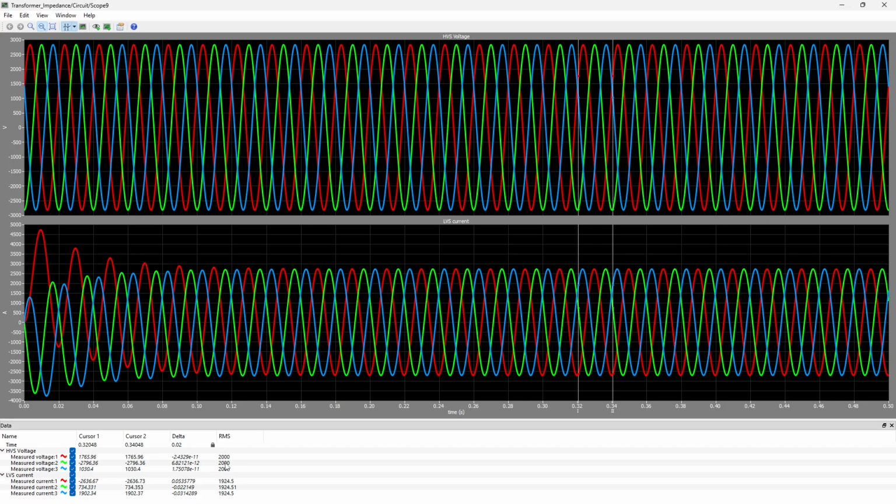So the setting is correct for the voltage level. And as we mentioned, if the impedance is calculated correctly, we should get the rated current on the secondary side when we short circuit it. And that is 1.92 kiloamperes on the secondary side.